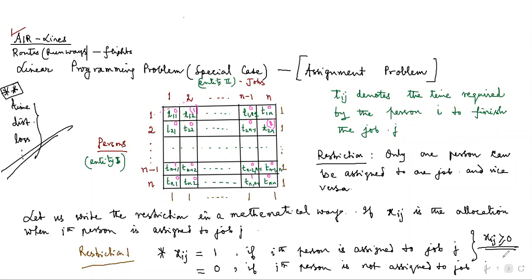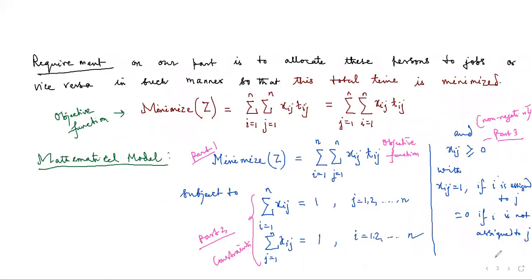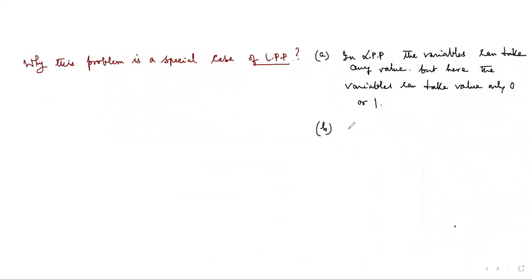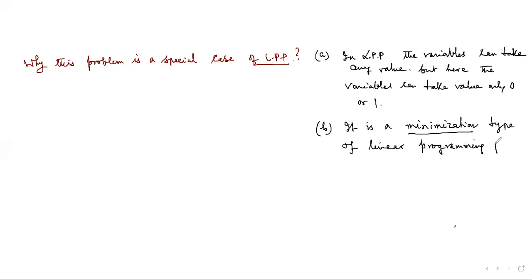Okay, so the second condition for which this type of problem is called a special case of LPP is because it is a minimization type of linear programming problem in general.